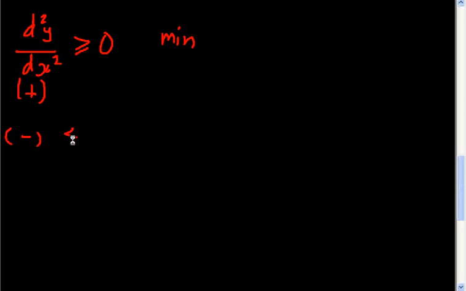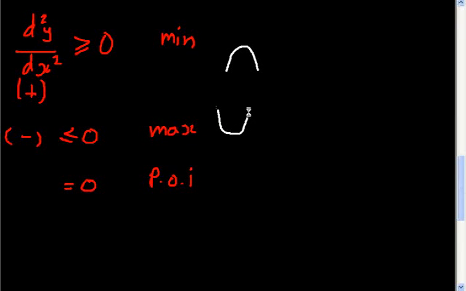If my second differential is negative, meaning it is less than 0, that means my stationary point is a maximum. If my second differential is equal to 0, then it's a point of inflection. Alright, so let me draw some graphs to show you what they are. So that's a minimum, oops, sorry, that's not what I meant to draw.